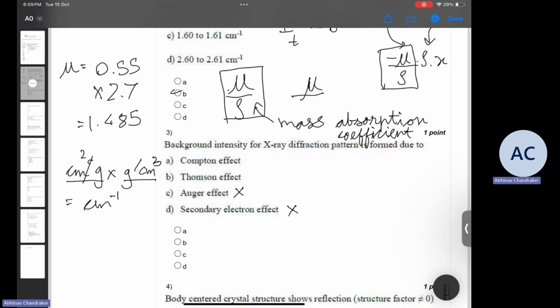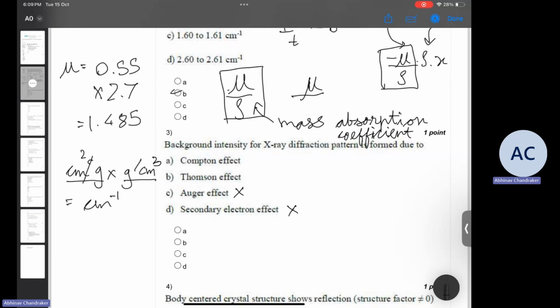Now we have Compton effect and Thomson effect. So we know that the Thomson effect relates to diffraction of X-rays by electrons which are tightly bound to the atoms.